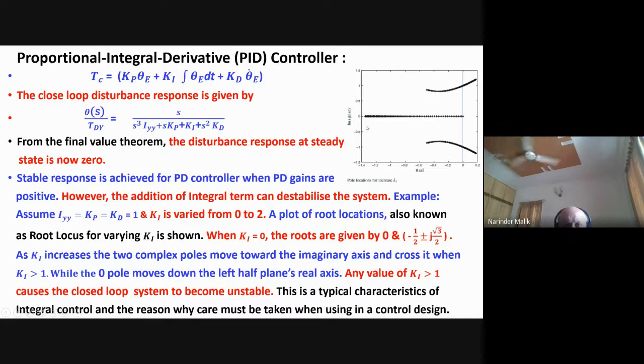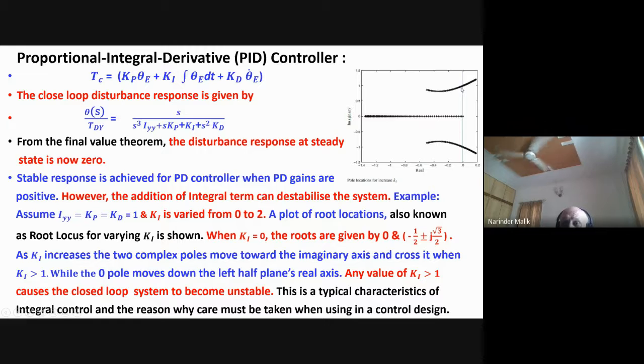Now, for this example, roots are plotted, and it shows these roots cross the y-axis, at x equal to 0, for a value of Ki greater than 1. Which means you cannot have a value greater than 1, otherwise the system will become unstable.